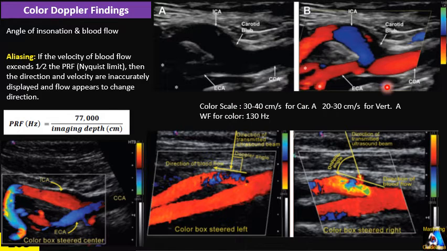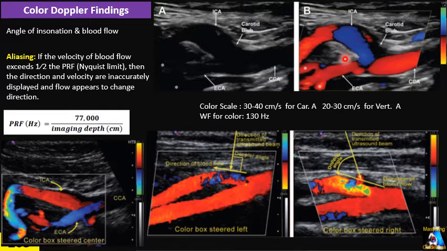Before I go there, I just have to remind you that a good color Doppler should be set up correctly. The most important setup is color scale, wall filter, and gain. Color scale for the carotid artery, especially CCA, ICA, ECA, should be around 30 to 40, depending on the type of vendor machine and the size of the neck of the patient.